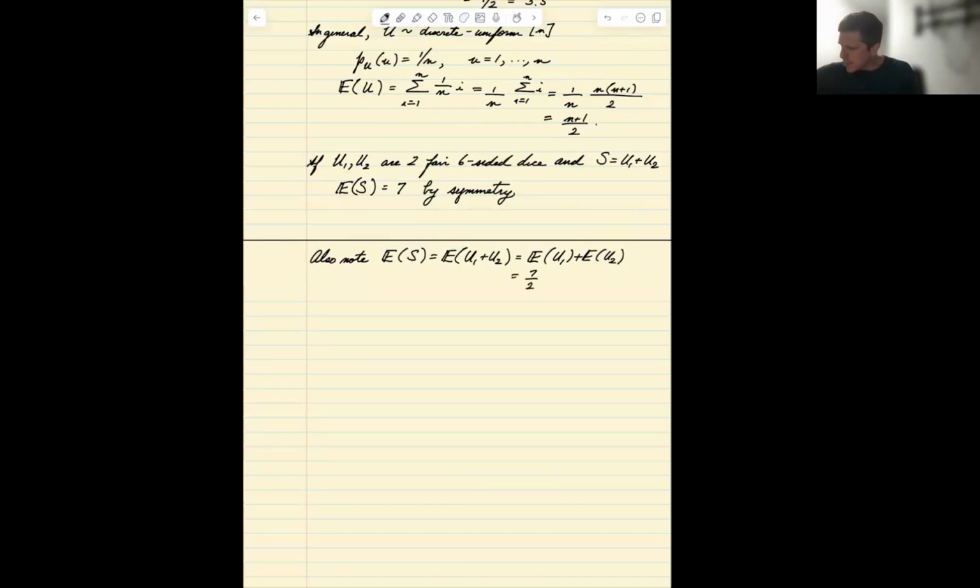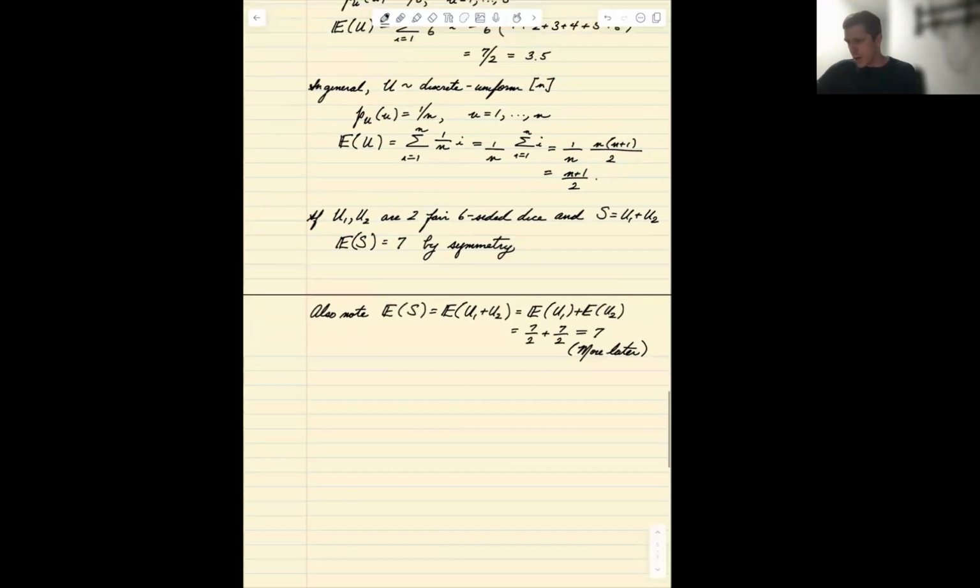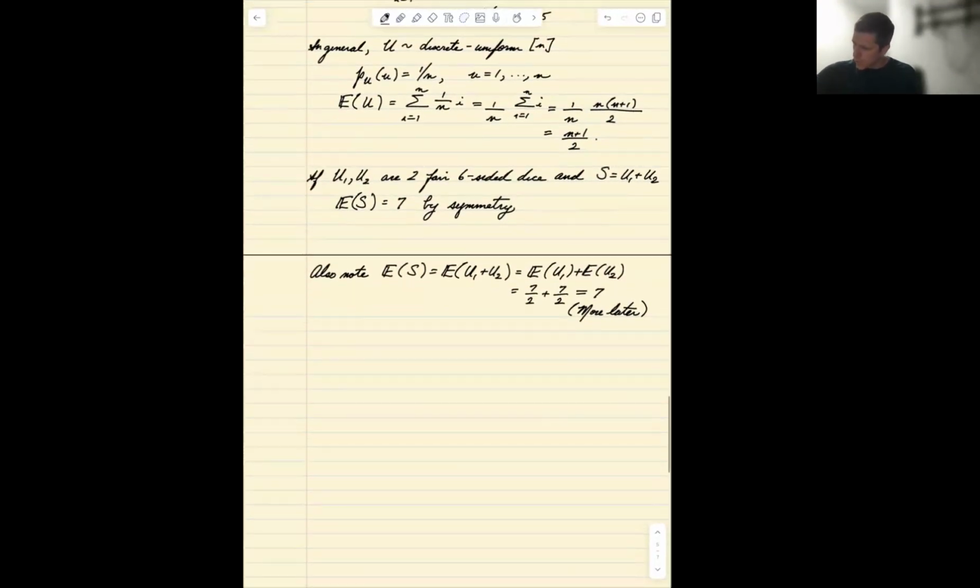Seven halves plus 7 halves is equal to 7. More on this later, because we haven't actually justified why we're allowed to do that. We will at a later time. But that's an important shortcut that we want to make sure we're aware of as we move forward, because it comes up all the time.